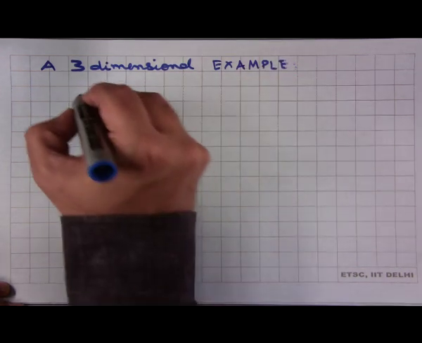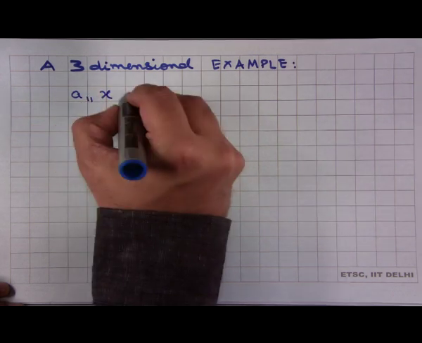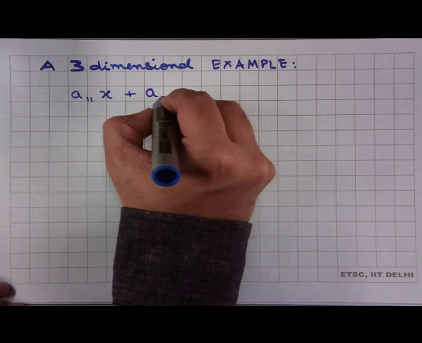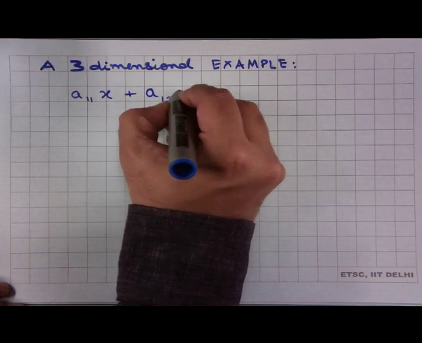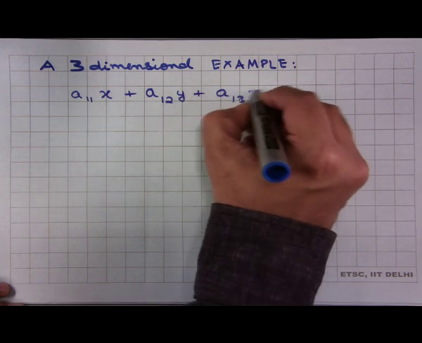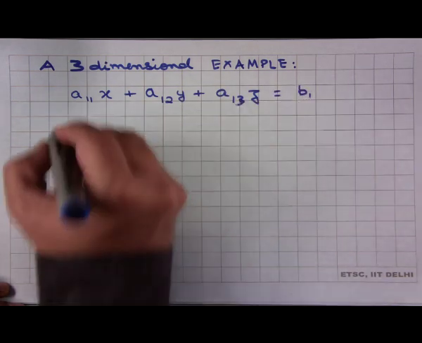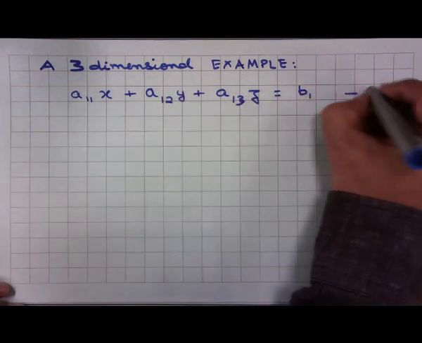Okay. So, here we say there are 3 equations: a11x plus a12y plus a13z equal to b1. This is equation 1.